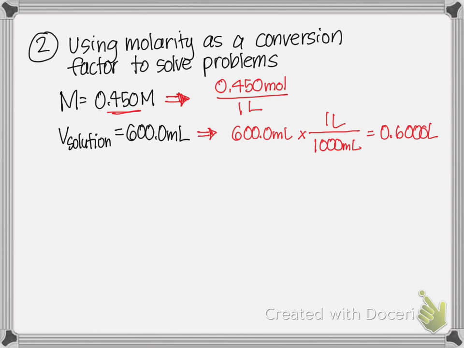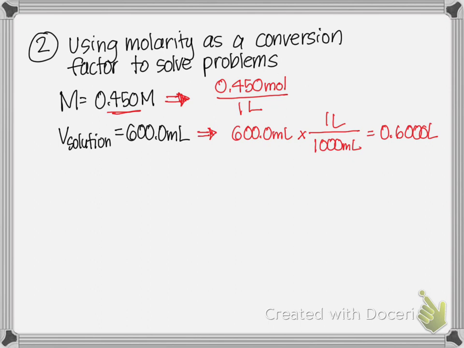So if it was 2 molarity, there would be 2 moles over 1 liter. If it was 0.125 molarity, it would be 0.125 moles over 1 liter. So whatever the concentration is in molarity, it tells you that you have that much in 1 liter.